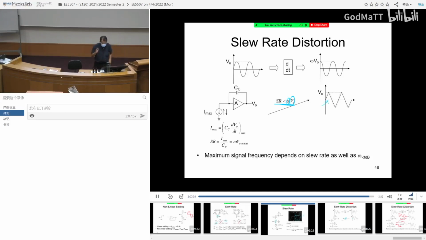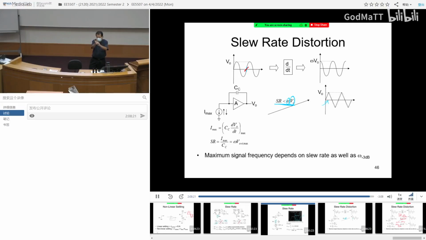Not that difficult to understand, because you can think, this is the maximum slope. But what does the slew rate tell you? The slew rate tells you, I can only climb at this rate. You get the point? My sinusoid demands me to go in this way. But the slew rate tells me, I can only go in this manner.